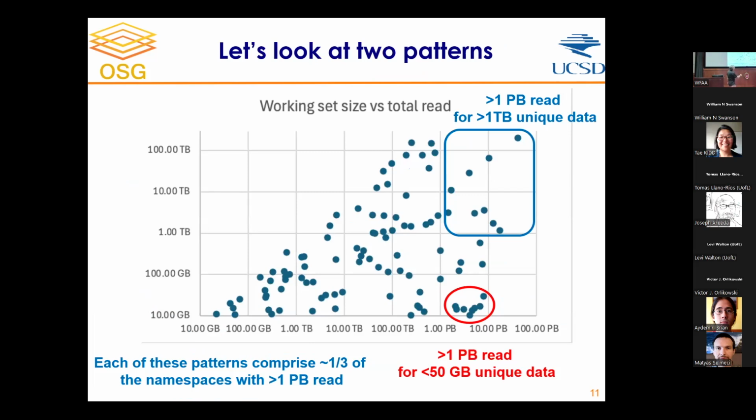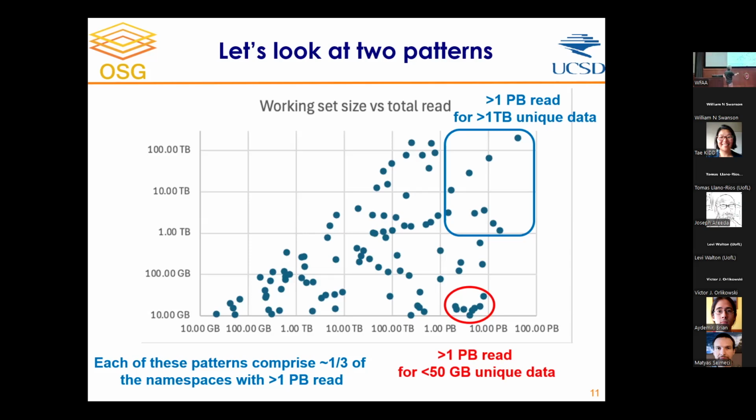You squint a little bit, you see a cluster down here, a set of only 10 gig or between 10 and 50 gig worth of data, unique. So they're the ones who have read the same data more than 100,000 times. And I'm going to show you who those are. And then there are these guys who have more than a terabyte of unique data and read it multiple times, order 100 or so.